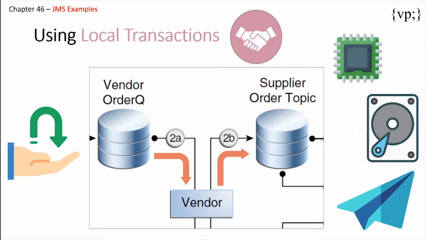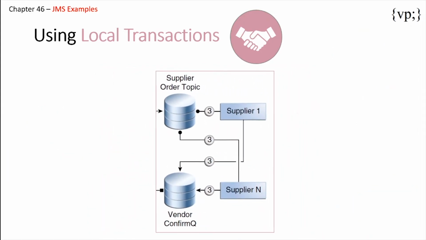So next, what we're going to see is our third step. This supplier order topic will then send out this order to the suppliers that are connected to the topic. So these suppliers are our consumers essentially, and this topic is just telling these subscribers to check their inventory and then send items ordered to the queue named in the order message's JMS reply to field.